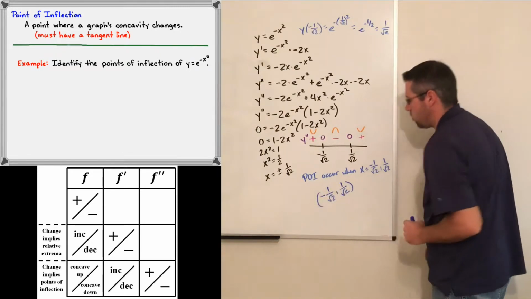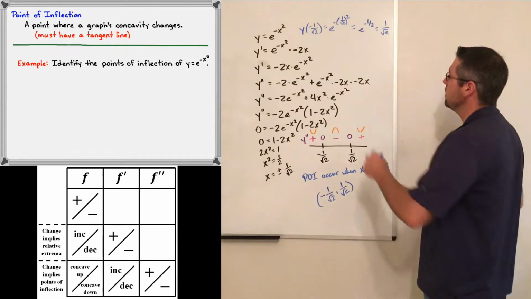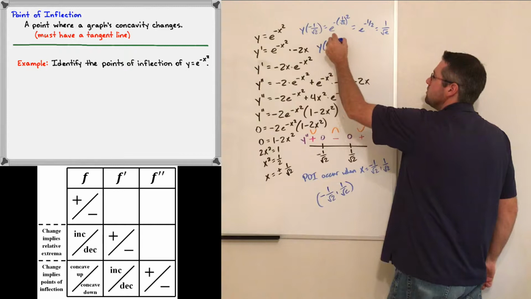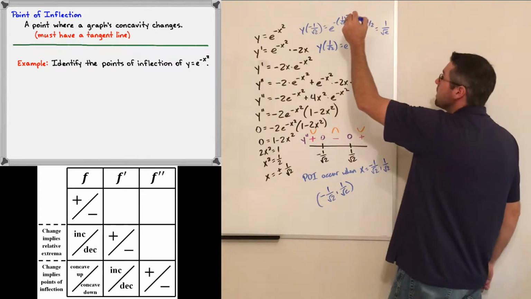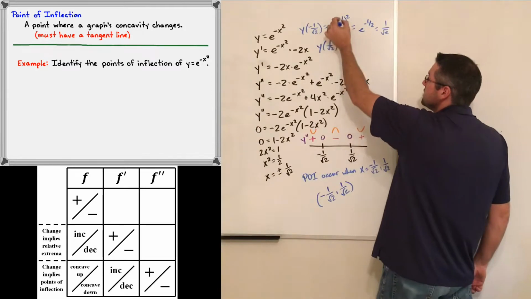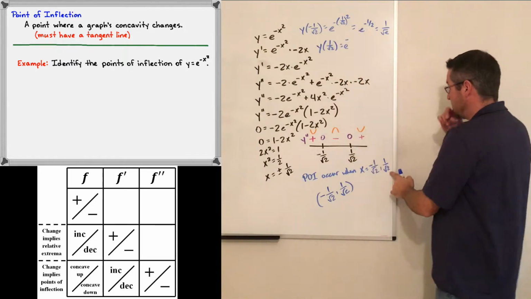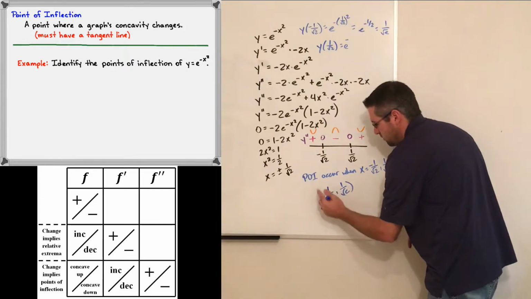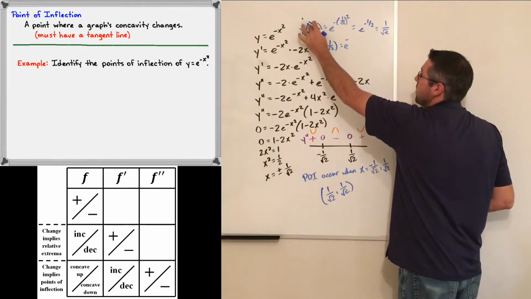So that's one coordinate. And then we're going to go ahead and plug in 1 over rad 2 to the function again. So we get e to the negative, oh, I screwed that up. Let me go back here, but it's really not going to change an answer. In the previous case, I plugged in positive 1 over rad 2, not negative, so we're just going to change this guy to positive 1 over rad 2. And now we'll plug in our negative, so that was our positive value.